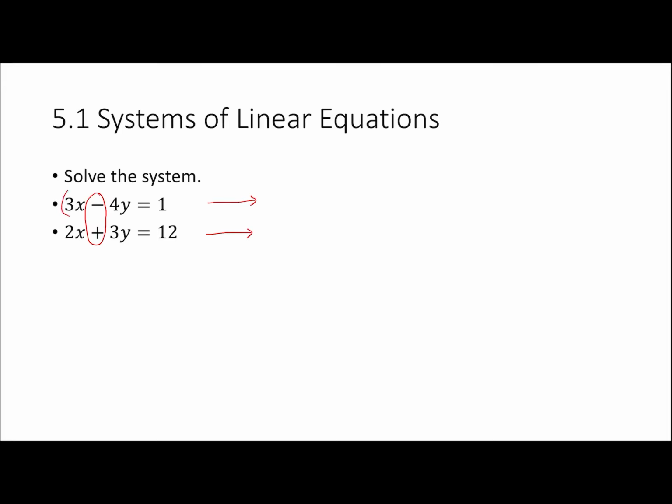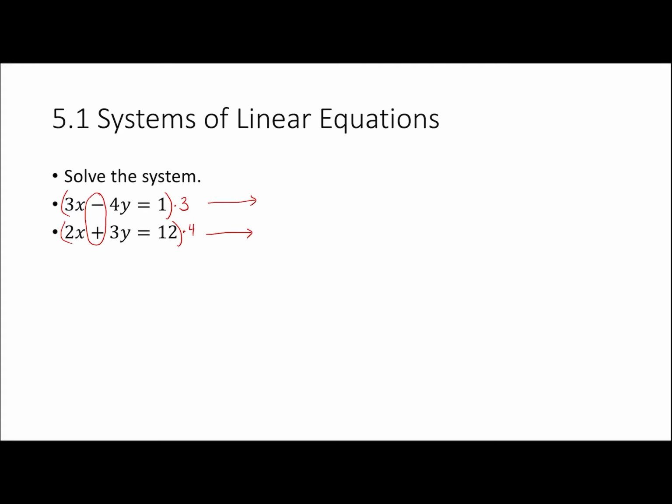In the top equation, we're going to multiply by 3 because 3 times 4, the negative 4y is going to be negative 12y, which means that I can multiply the bottom equation by 4, and 4 times 3y is going to be 12y. And so we should be able to get rid of the y value by doing that.